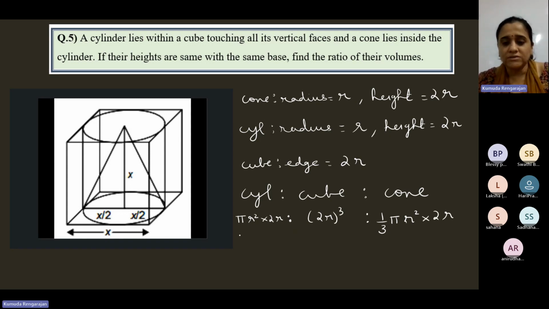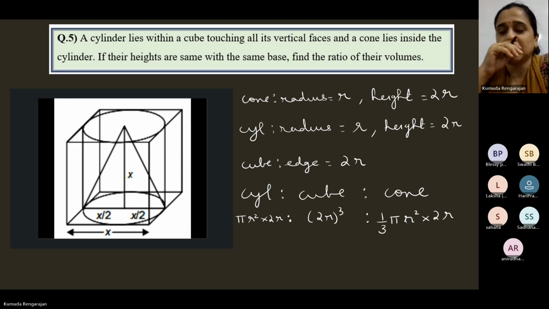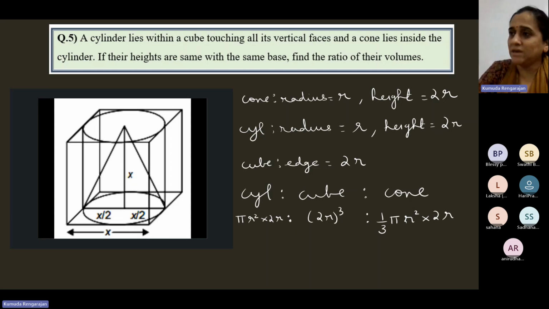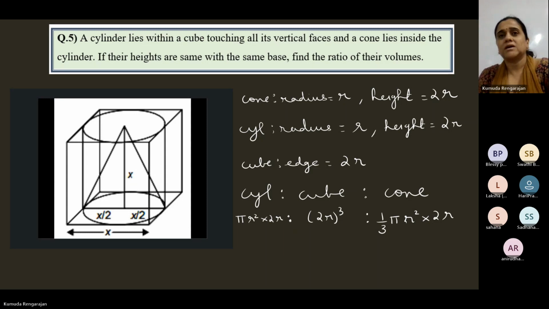Now if all 3 had pi, we could cancel them. But for the cube, there is no pi, so you cannot cancel, and you have to use the value 22 by 7.